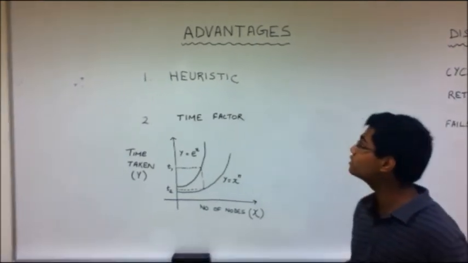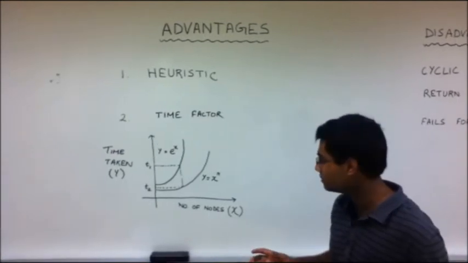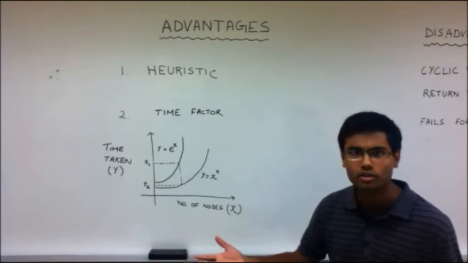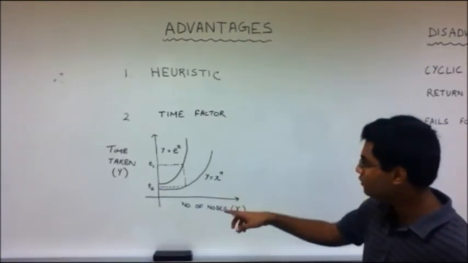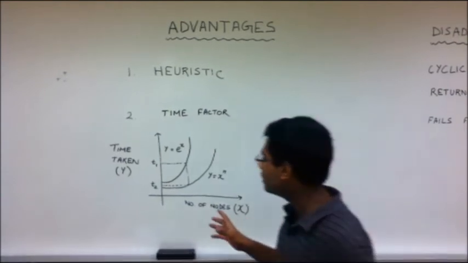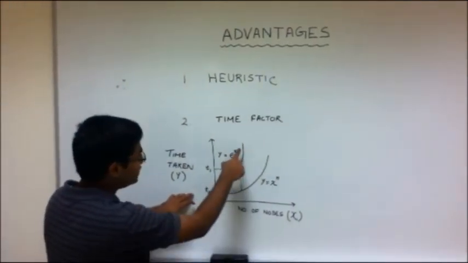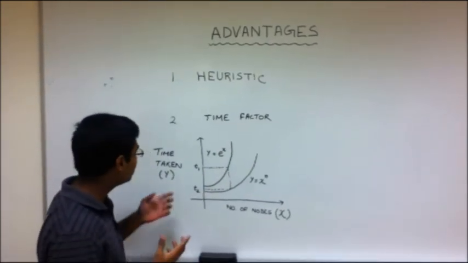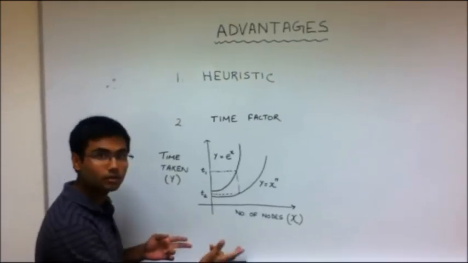The second advantage of the algorithm is that it takes considerably less time as the number of nodes increases, compared to the brute force algorithm and many other algorithms that are used to solve the robo exploration problem. This graph very clearly shows this fact. The e to the power x graph represents the brute force algorithm, in which the time taken to solve the problem increases exponentially with the number of nodes.